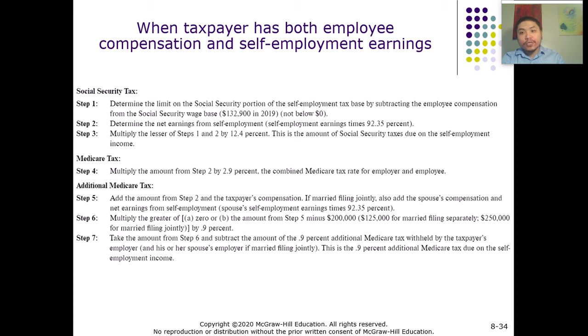Now we use that total amount to judge whether this person earns above or below the threshold. If these taxpayers earn above the threshold, then we have to take 0.9% times the excess amount above the threshold, which is pretty much similar to the other two cases that we talked about earlier, right?